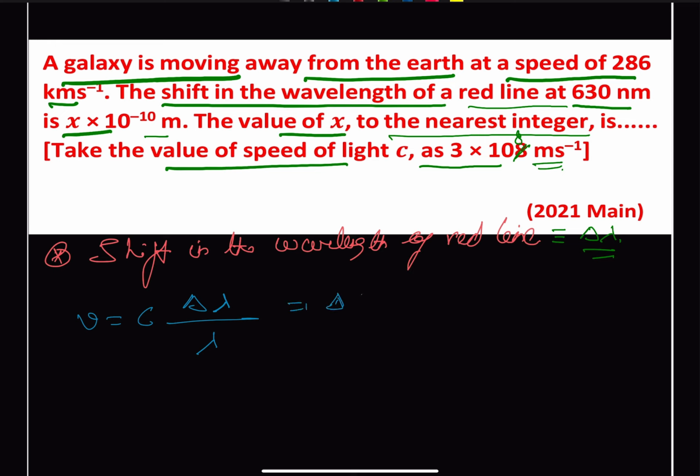So this becomes delta lambda is equal to v upon c multiplied by lambda, and v and c we know, lambda is also given, so we can directly substitute.